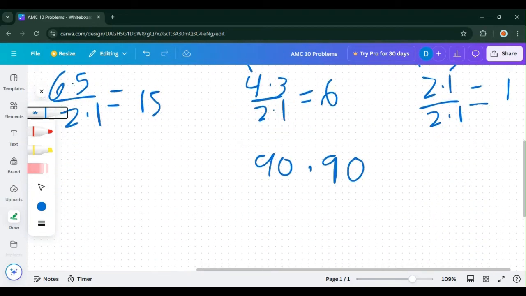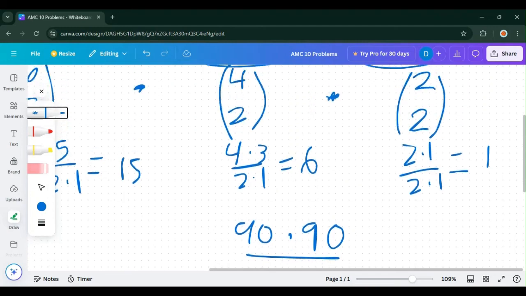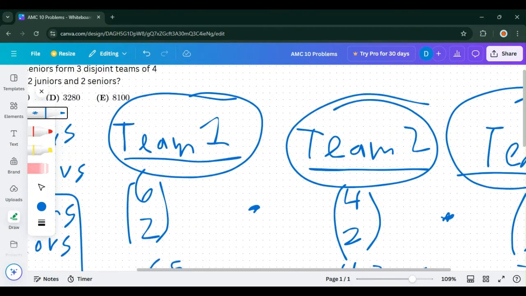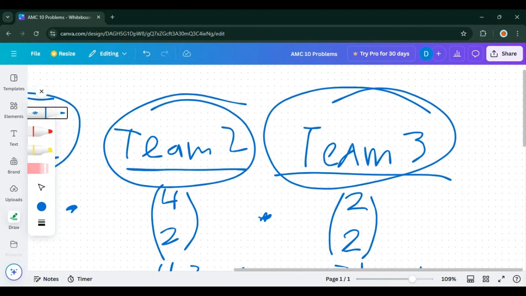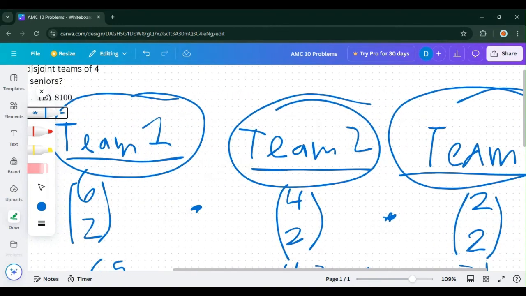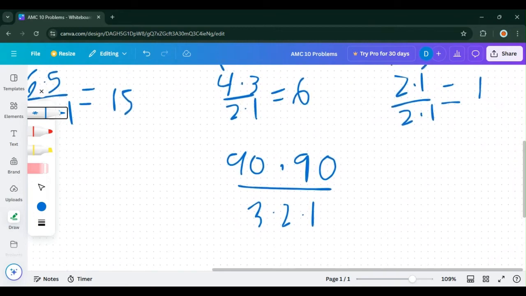We had to correct for overcounting by dividing by 6, or 3 times 2 times 1, because that's the number of ways we overcounted by. Because as you see here, we can arrange team 1, team 2, and team 3 6 different ways by the order of picking first, second, and third. So we have to correct for our overcounting, and we get this.